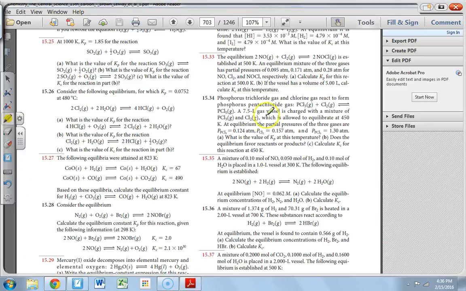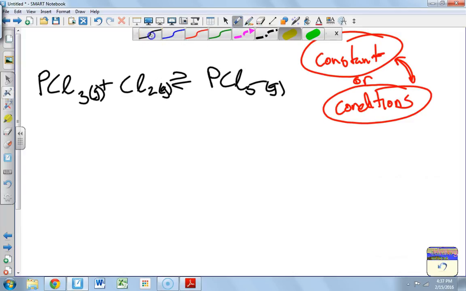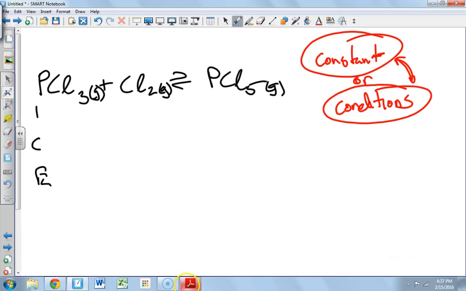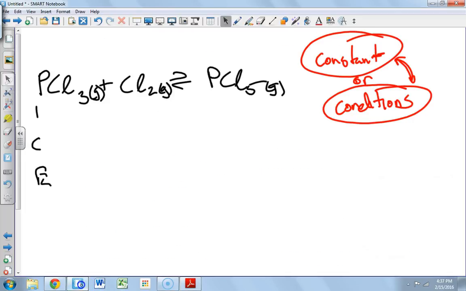Somewhere in this big long list of stuff, we should be given the equilibrium conditions. It says at equilibrium, the partial pressures of the three gases are these things right here. So we have the equilibrium pressures to calculate the Kp. The equilibrium pressure of PCl3 is 0.124 atmospheres.